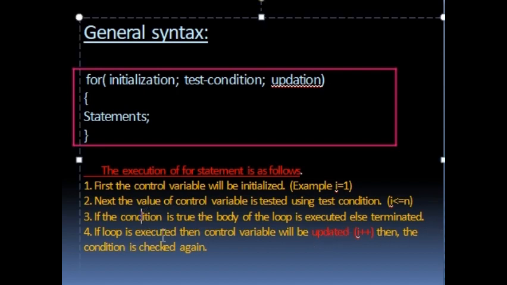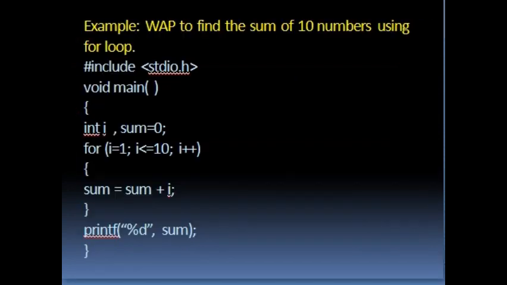Then the condition is checked again. So if this executes, the values will successfully come in the output. So this is about the for loop. Next we will go on studying the while and do while loop. Till then, take care.